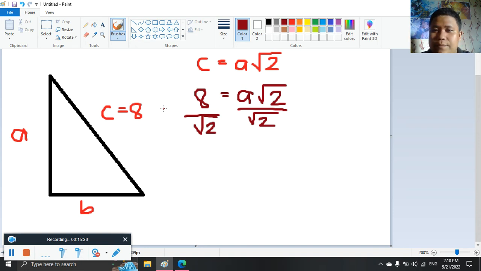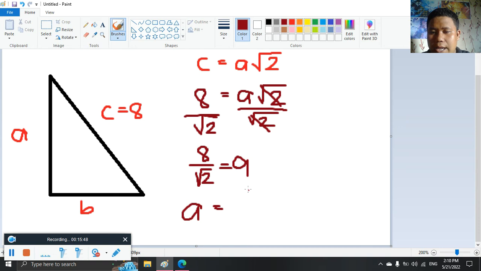Okay? So, it cancels out. So we have 8 over the square root of 2 equals A. Let's interchange: A equals 8 over the square root of 2.